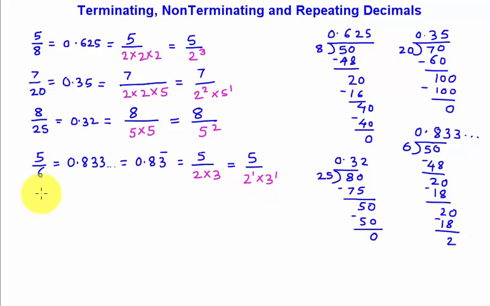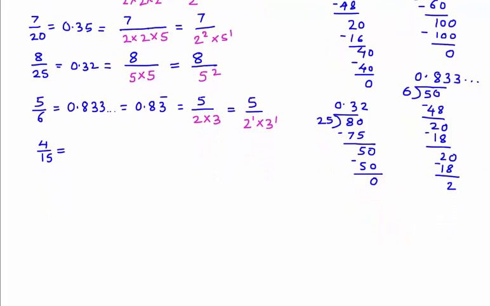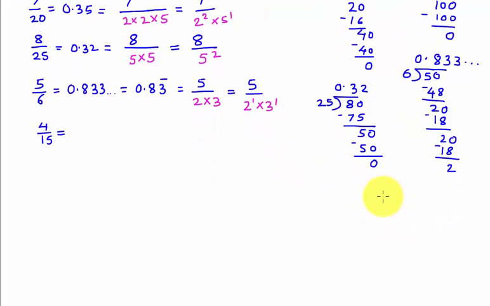Now let's take one more example of a non-terminating and repeating decimal. 4 by 15. Let's carry out the actual division for 4 by 15. Here 15 will be the divisor and 4 is the dividend. So we have to take the decimal. 15 twos are 30. 15 sixes are 90. 10 is the remainder.